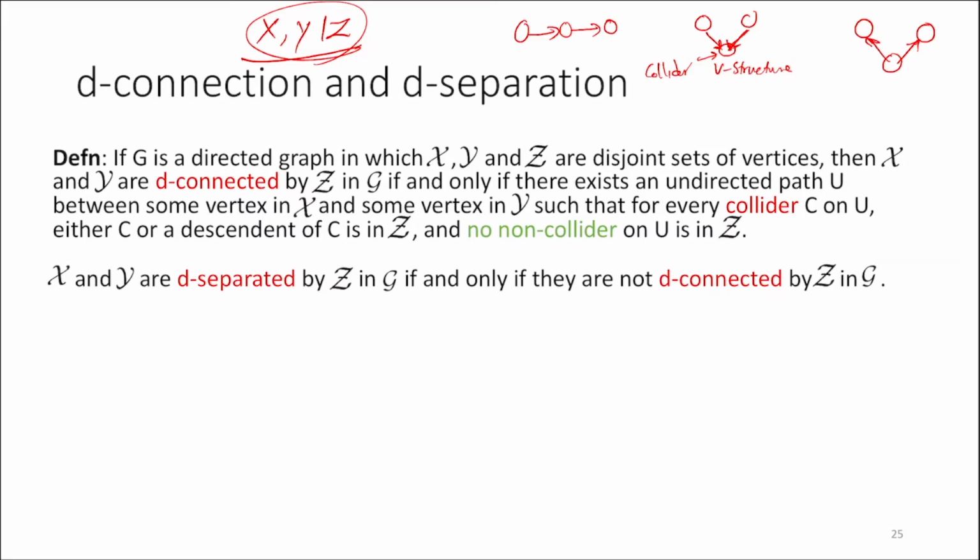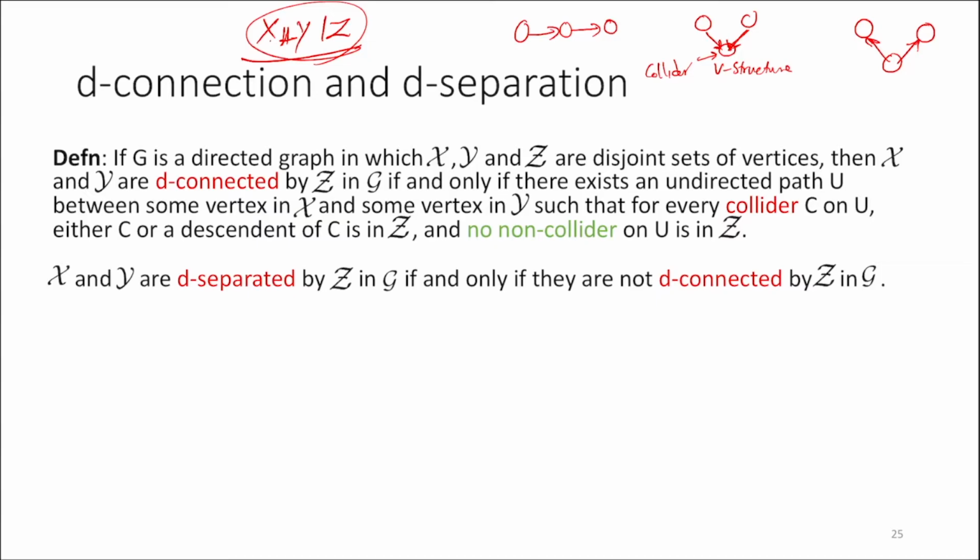We say that X is independent of Y conditioned on Z if they are d-separated. What does it mean for three sets of variables to be d-separated? It's a kind of loopy definition: they are d-separated if they are not d-connected. So what is d-connected? Let me read the formal definition for you, and then I'm going to give you examples.